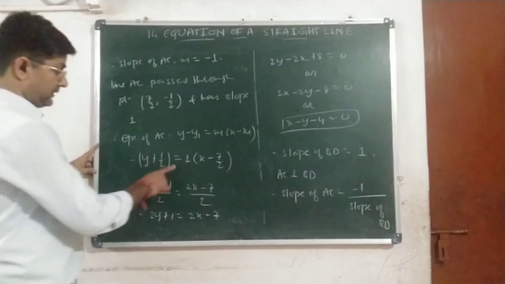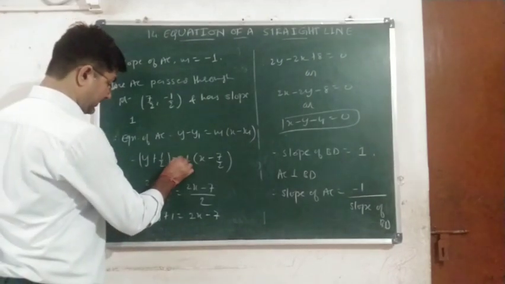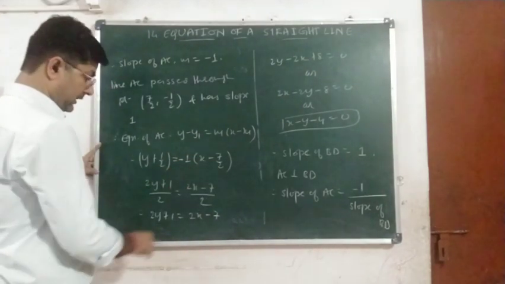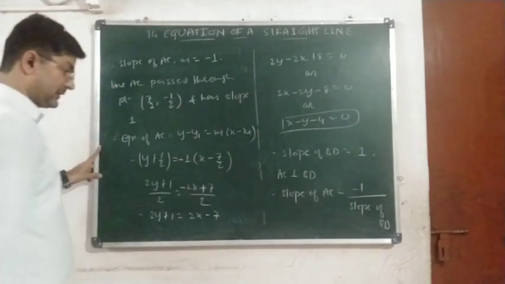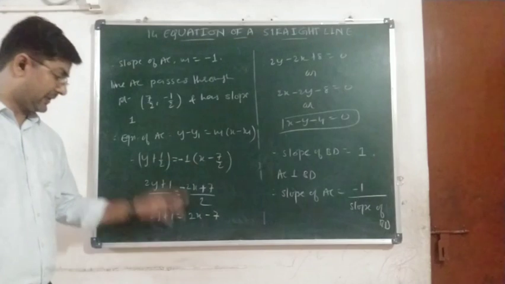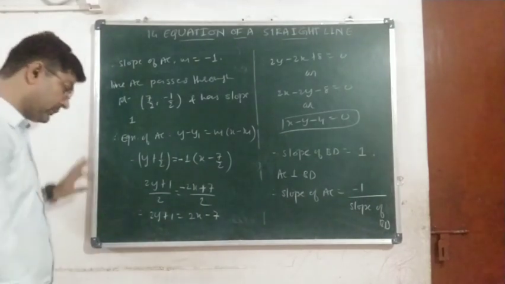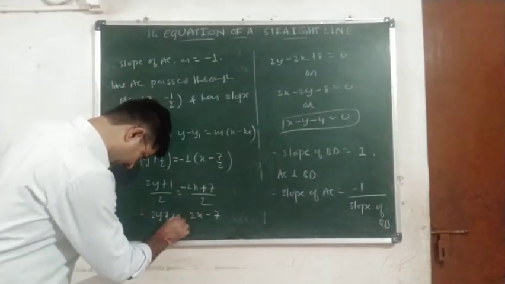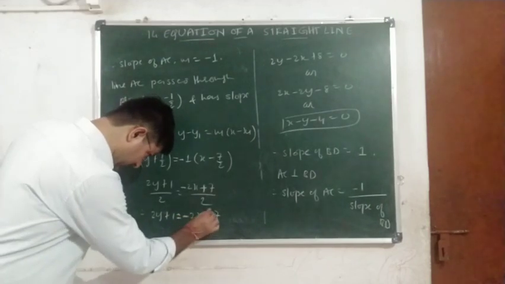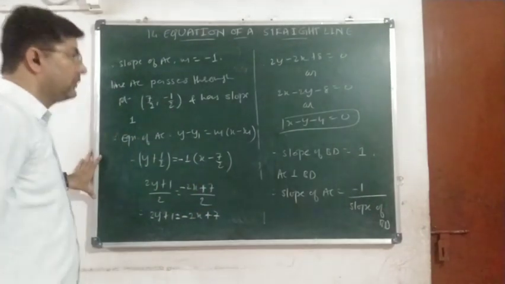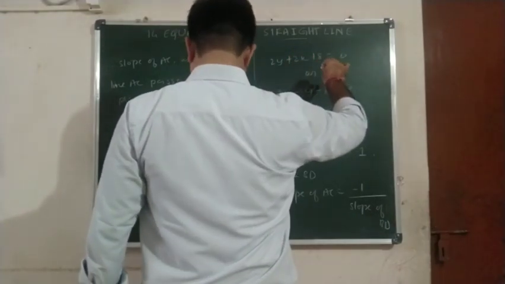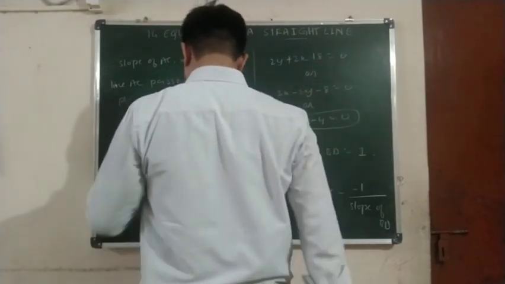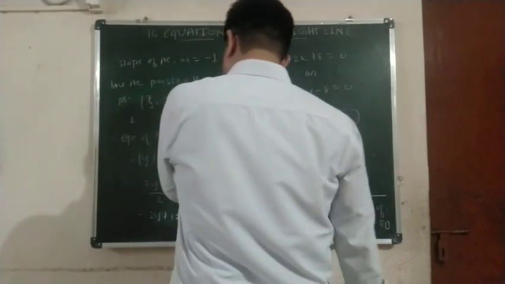So here we forgot to put minus 1. So now there will be a little change in the signs, so let us make these changes. Minus x minus minus plus 7, okay, so minus 2x plus 7. Yes.